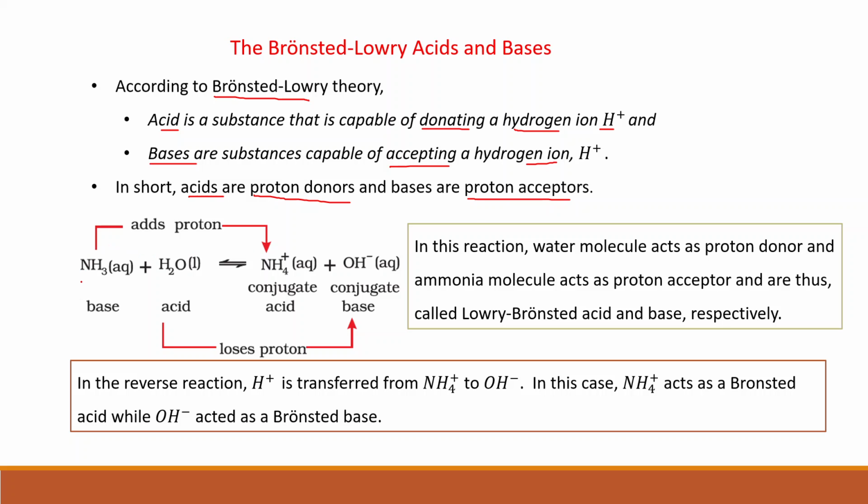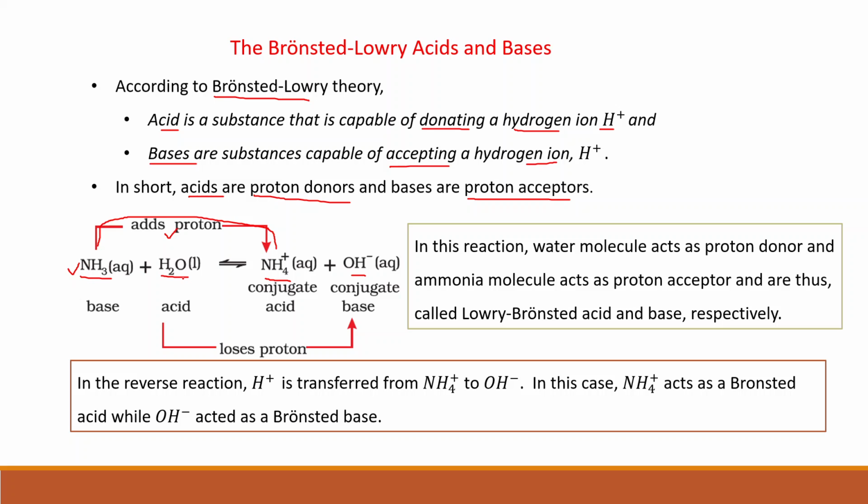See this reaction: NH3 plus H2O converting into NH4 plus and OH minus. This NH3 is converting into NH4 plus by adding a proton, and addition of a proton means it is a base. That's why we can say NH3 is a base.